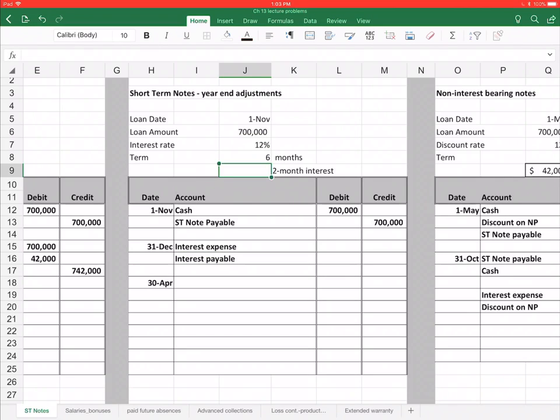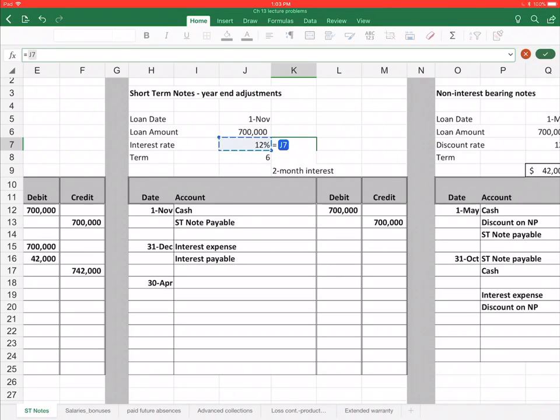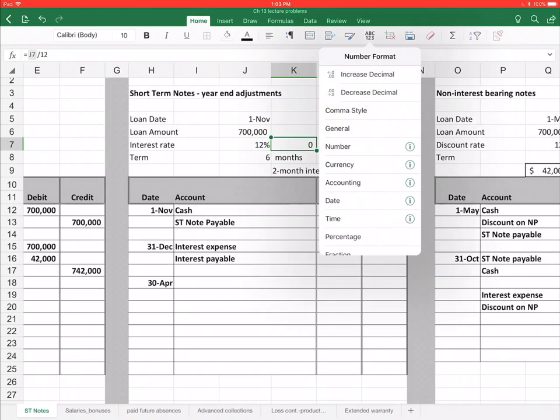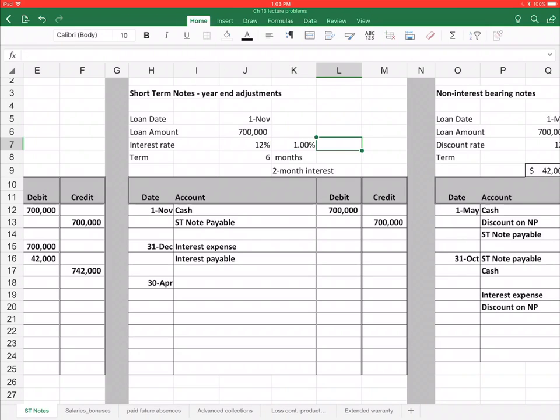If we take a look at the total amount that we would incur over a 12-month period, that would be 12%. So we take that 12% and divide it by 12, and if I change this in my formatting to a percentage, that gives me a monthly interest rate.